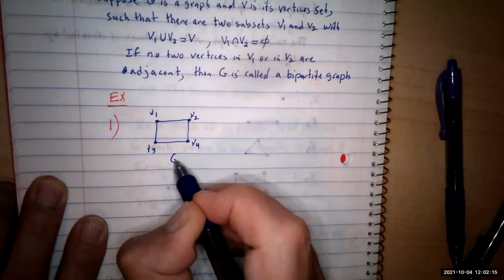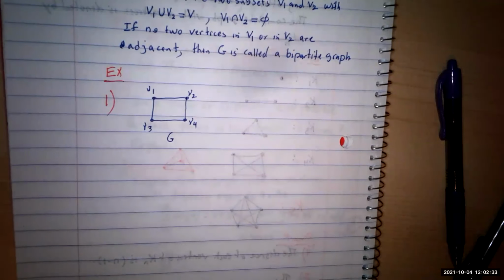This is a graph G. Let's think about it. Can you partition it into two groups so that the vertices in each group have no connection? The connection must be between the first group and the second group, or two different colors, if you like. Any suggestion?